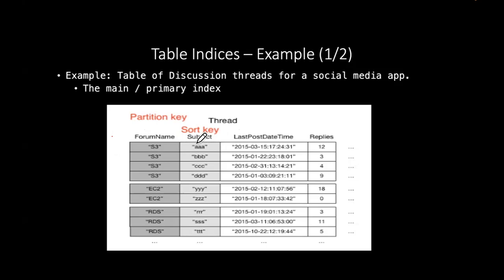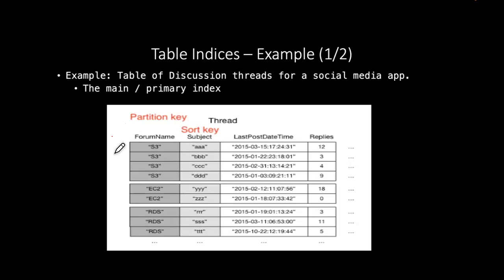The only thing I could do is program a scan request, which would require DynamoDB to look at all of the partitions for this table, read all of the records, filter out the ones that it needs and return those back to you. But clearly, this could span tens of partitions, so that's not great from a performance point of view.